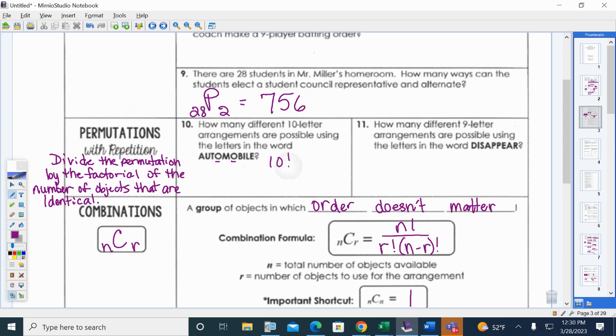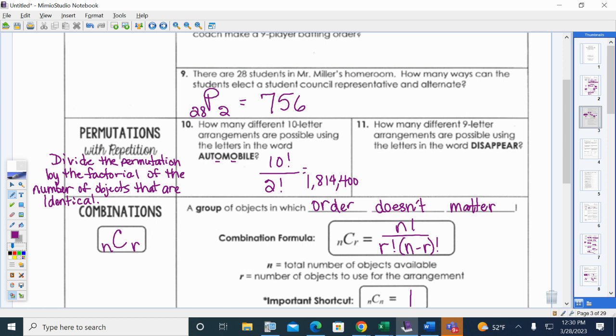So we would have 10 factorial, and we're going to divide out anything that repeats itself. So because the O's repeat themselves, and there's 2 of them, you're going to divide by 2 factorial. Again, stick that in the calculator, and you're going to get 1,814,400. Now, if you have more letters in your word that are repeating, you have to multiply those in the denominator. But again, they're in the denominator, so they would be divided out.